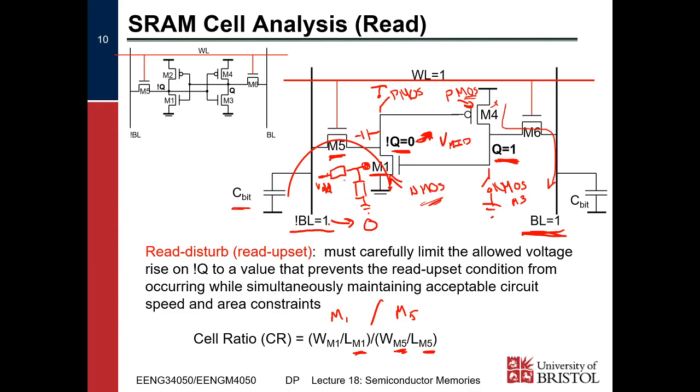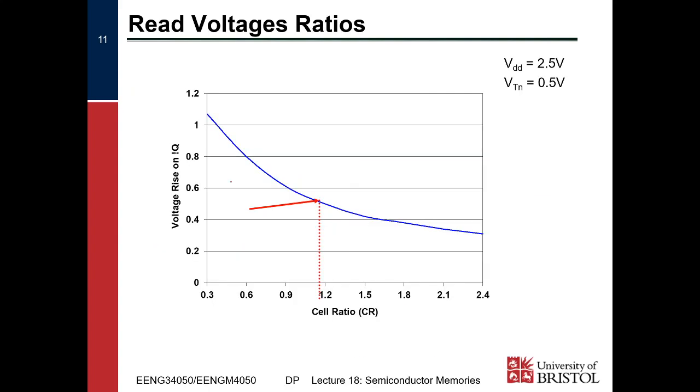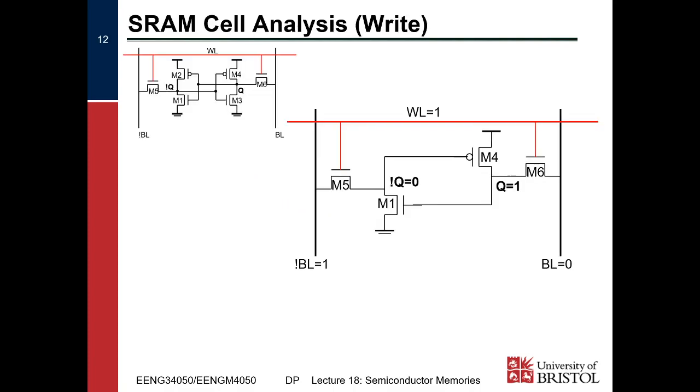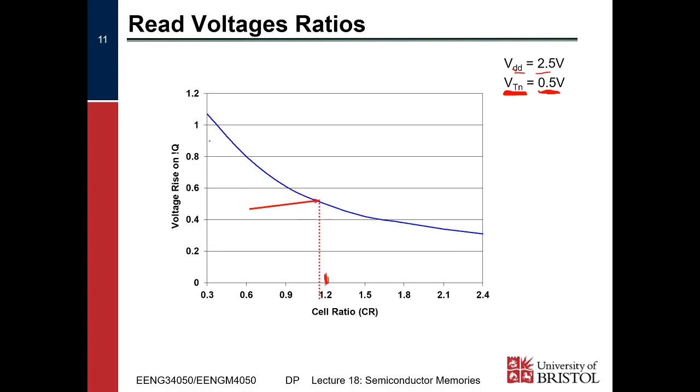On the other hand, if M5 is a wide, short transistor, so it's a powerful transistor, and M1 is a narrow, long transistor, so it's a weak transistor, then the Q naught point will rise above V mid and will read upset, right? So if we assume that the transition point is 0.5 volts and we've got a VDD of 2.5 volts, we see that we need a cell ratio of about 1.2 for one specific process to ensure that the voltage rise on Q is below the threshold on an NMOS, right?